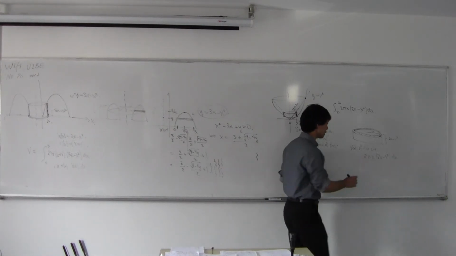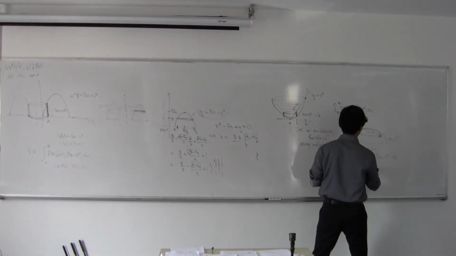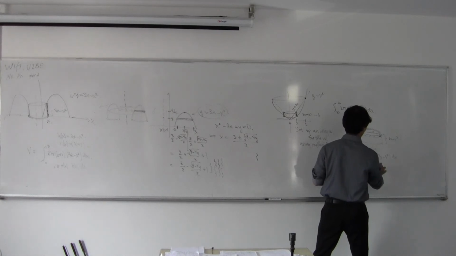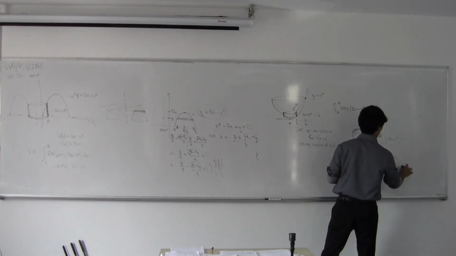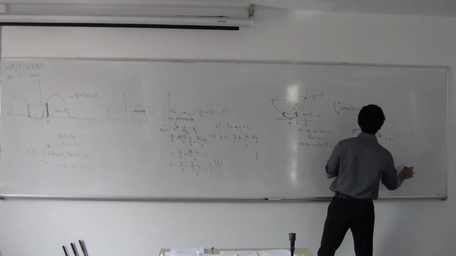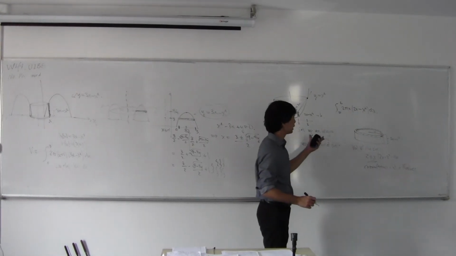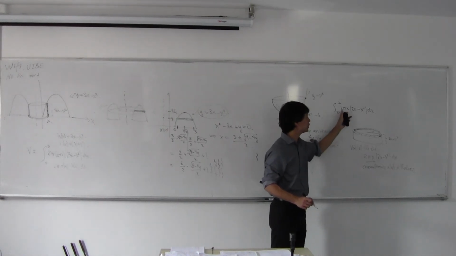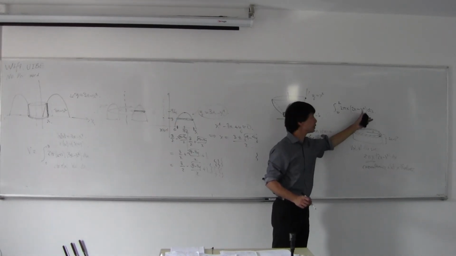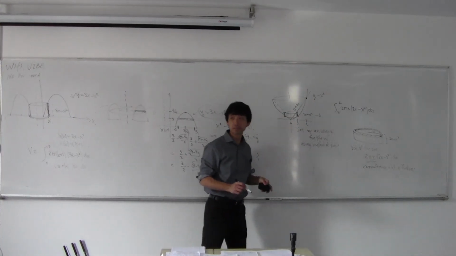You take the circumference times the height times the thickness, and that gives you the volume of the shell. So that's what the shell did. You get the integral from 0 to 2 of 2 pi x times (2x minus x squared) dx.